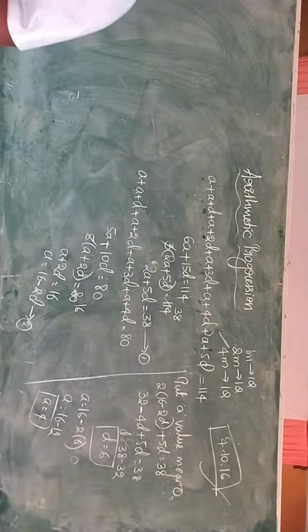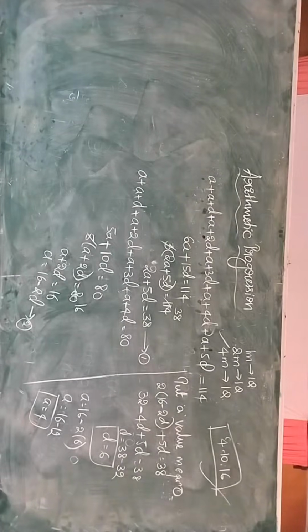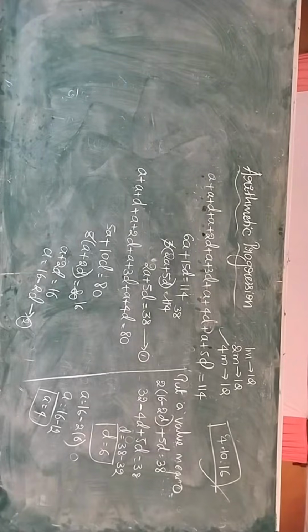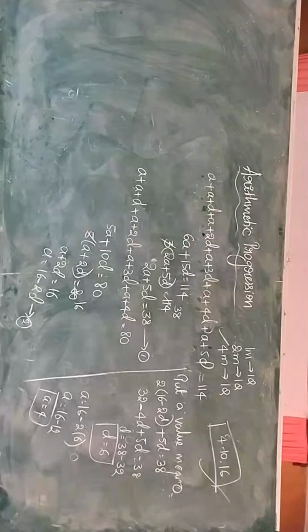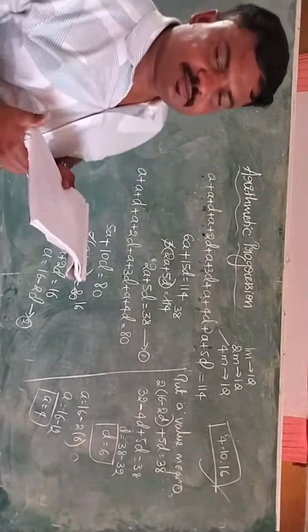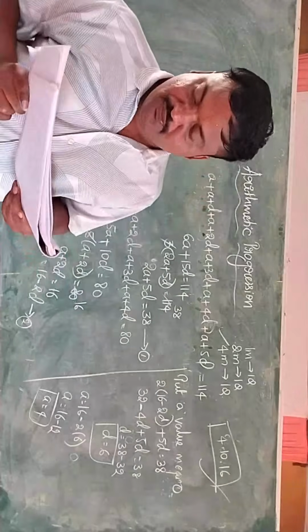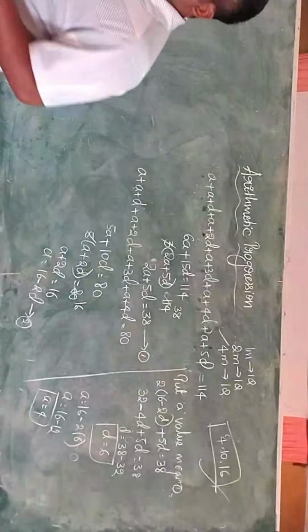The seventh term of an AP is 4 times its second term.